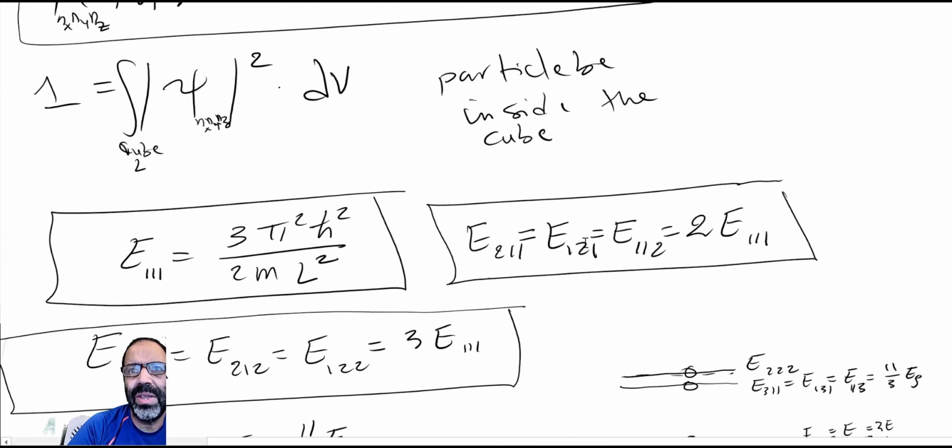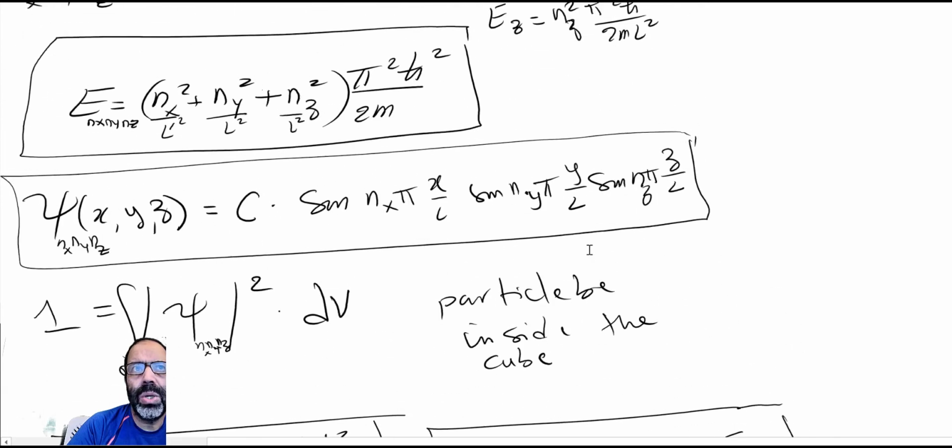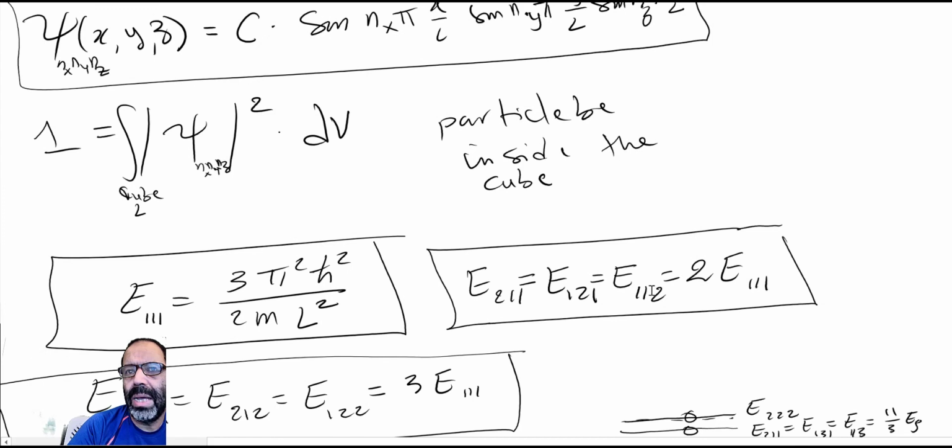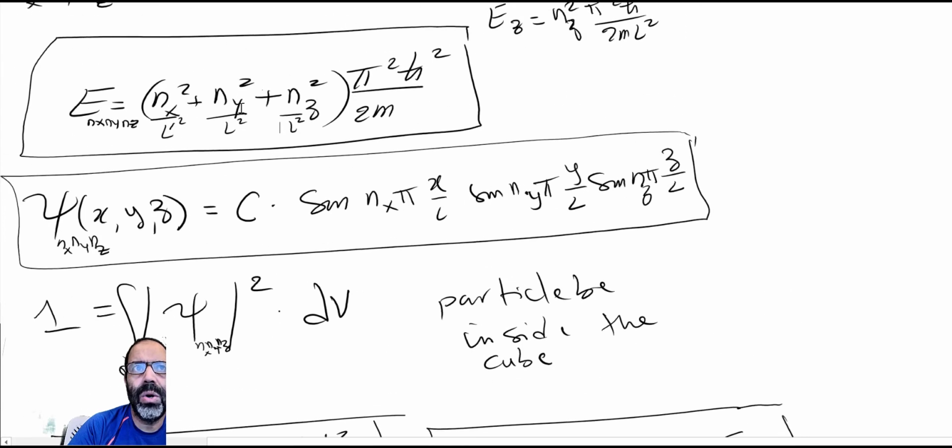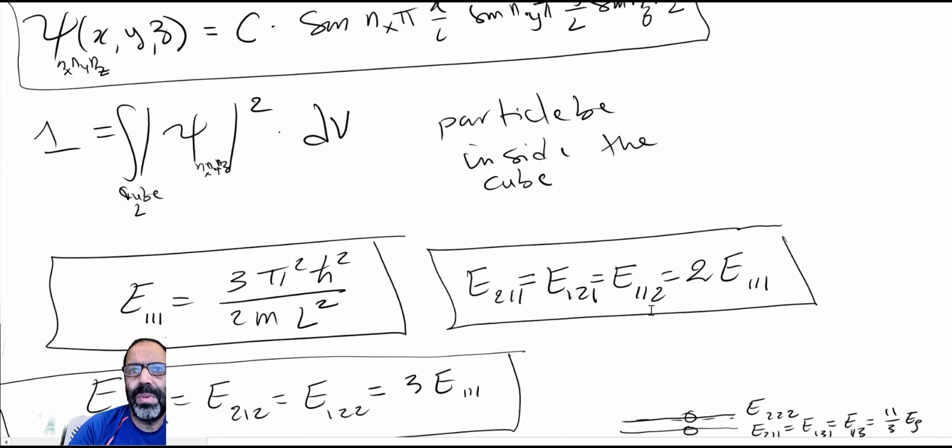This energy level is different than the other two, because the other one will have a 2 squared over L squared, and here we'll have 1 over L squared, which is the same as 1 squared over L squared, or 2 over L squared. That sum is the same. However, here it is going to be different, so there will be a different energy level.